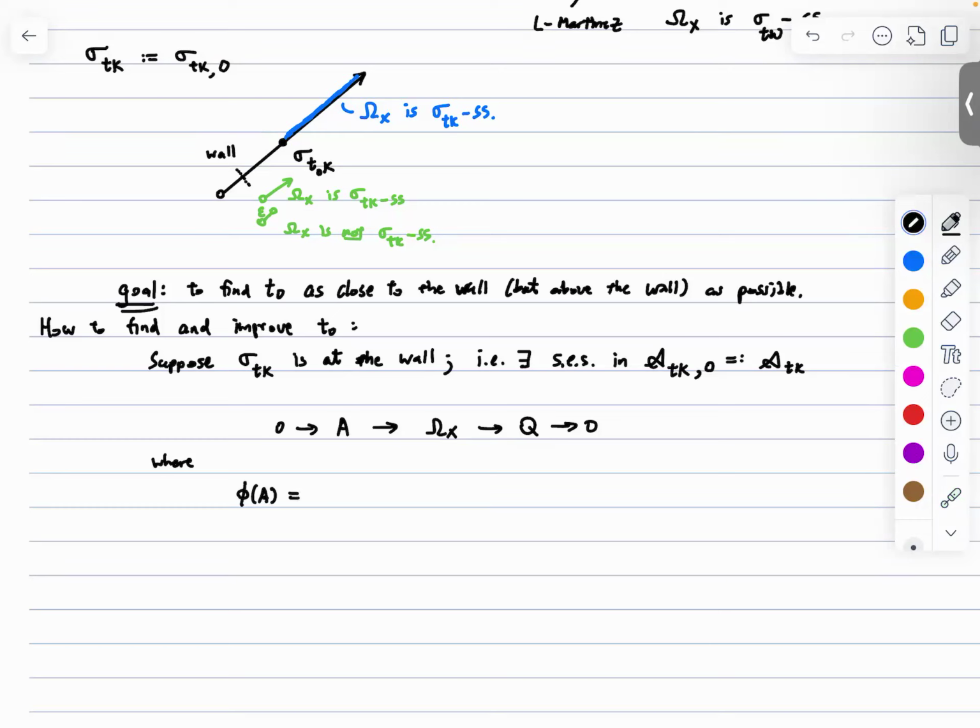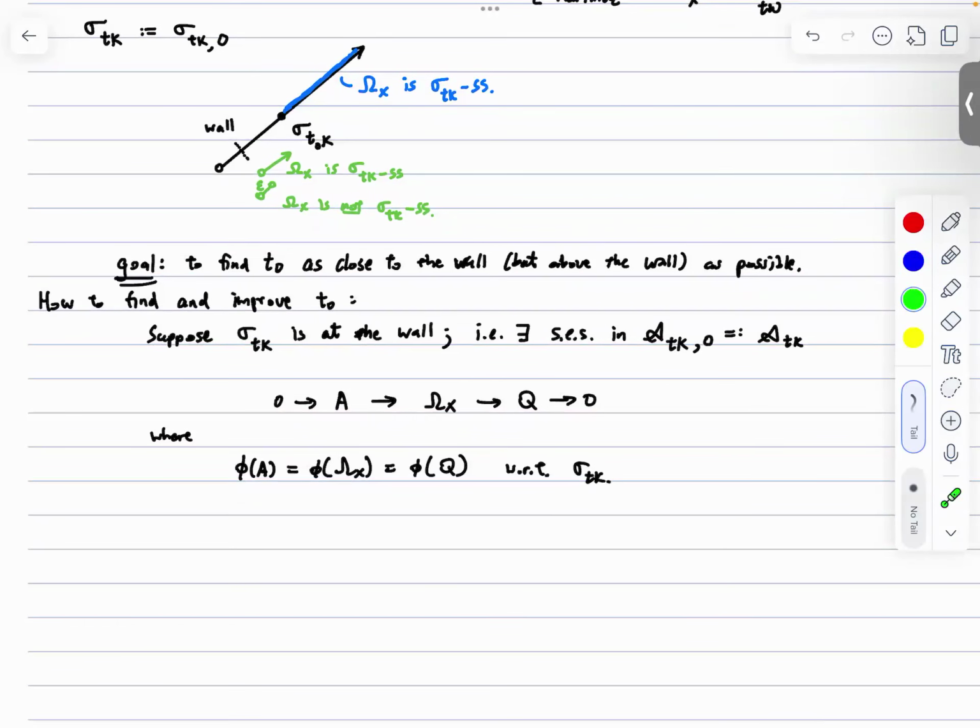So phi of A equals phi of the cotangent bundle equals phi of the quotient object with respect to this Bridgeland stability condition. This short exact sequence, we often call a destabilizing sequence. I'll denote it by DS.